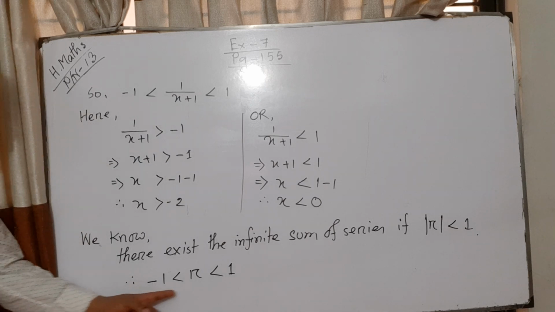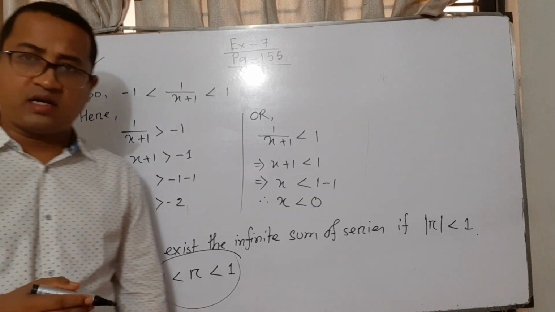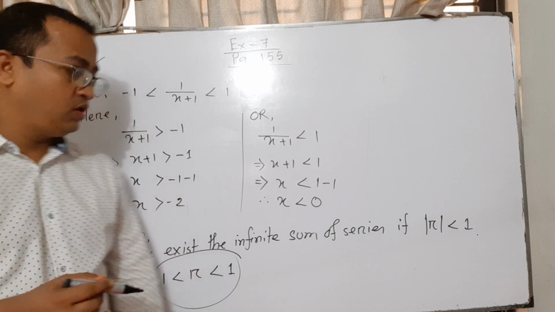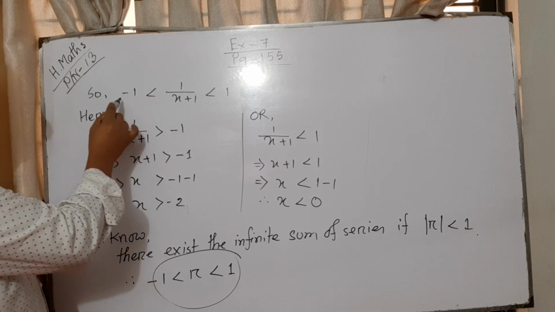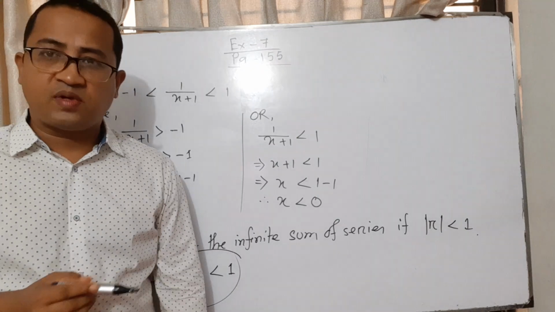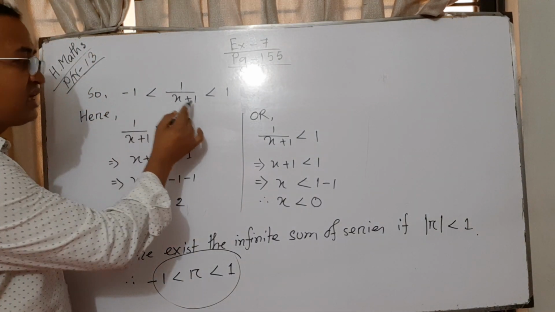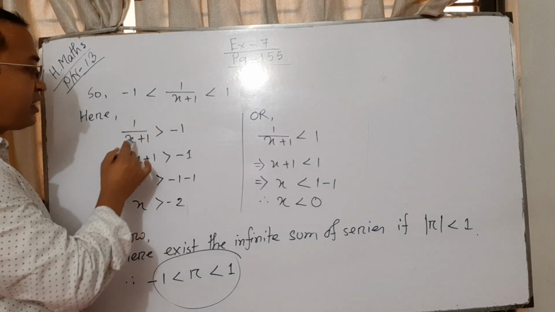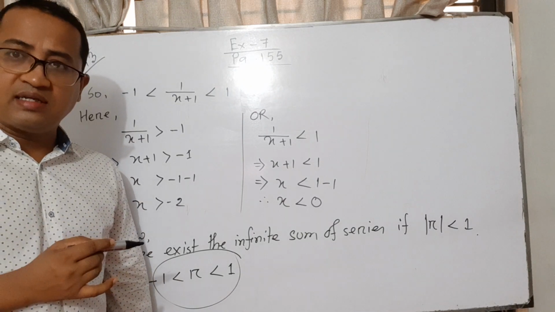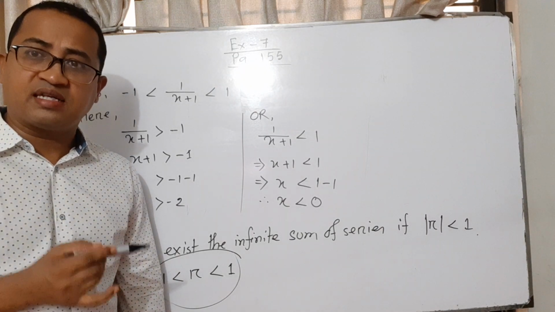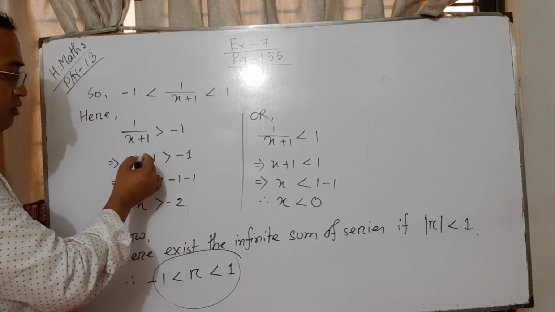Now look, if we put the value of r over there, we can easily find the condition for x. The value of r is 1 by (x plus 1). So minus 1 is less than 1 by (x plus 1) is less than 1. Look, minus 1 is less than 1 by (x plus 1). That means 1 by (x plus 1) is greater than minus 1. So inverse it.